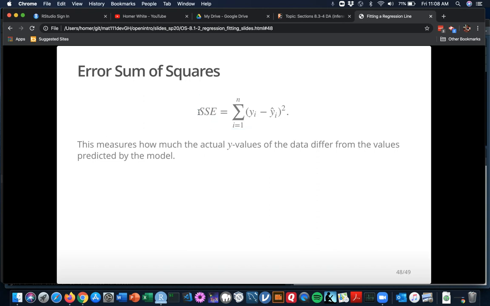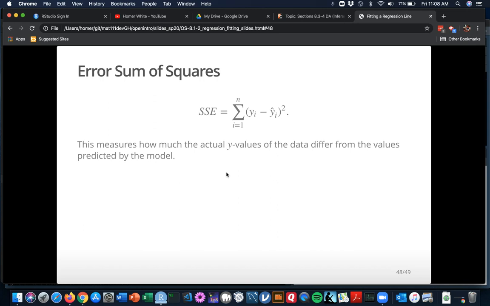And this number measures how much the actual y values in the data differ from the values predicted by the model. The closer those yi's are to the predicted value, the smaller the difference is, so the smaller the square will be, so the smaller the sum would be.